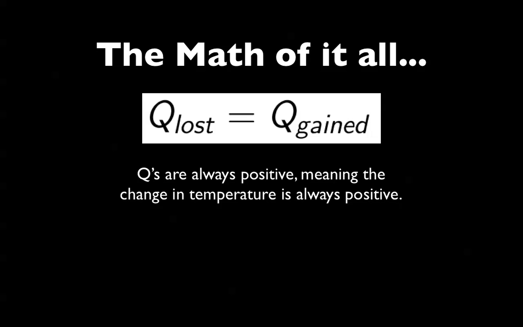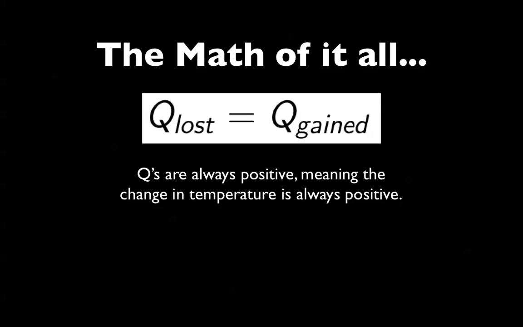Now the math of it all, it's really simple. Just as in mechanical energy, the amount of energy lost is equal to the amount of energy gained. Okay, so usually you'll have on one side the object that's losing energy, which is the hotter object. The object that's gaining energy is the colder object. Okay, so you're going to actually see an MC delta T on both sides, or possibly 2 or 3 depending on how involved the problem is.